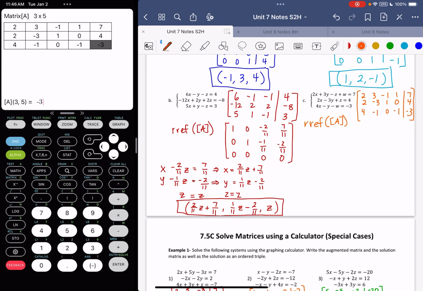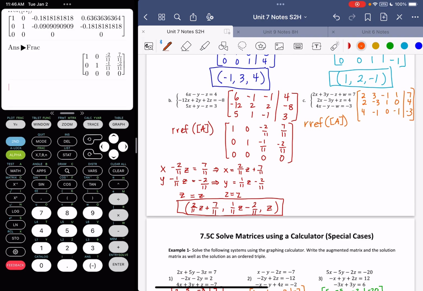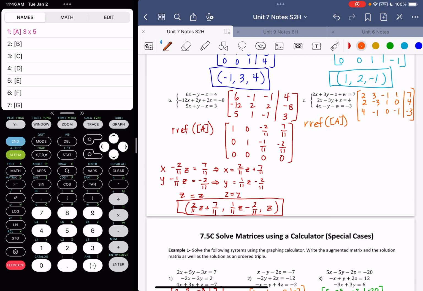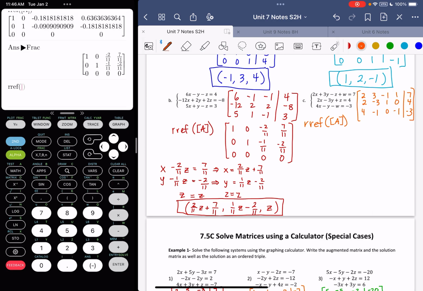Okay, double check. Quit out of there. Now we want to do some math on our matrix. So we want the RREF of matrix A.